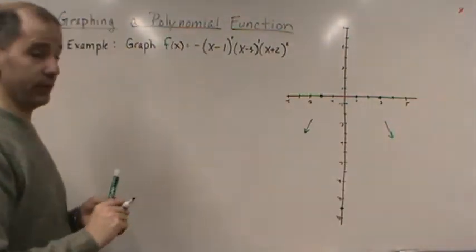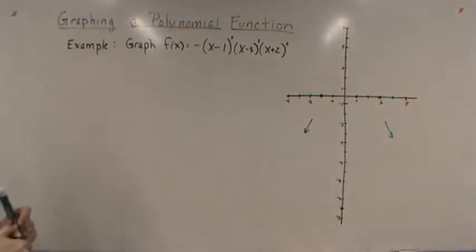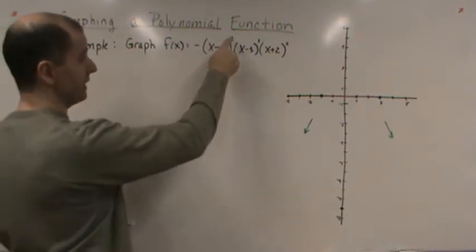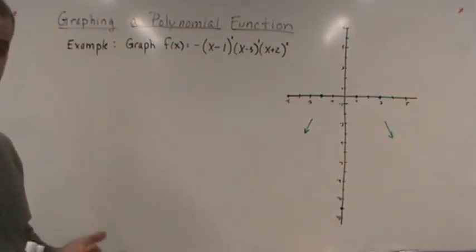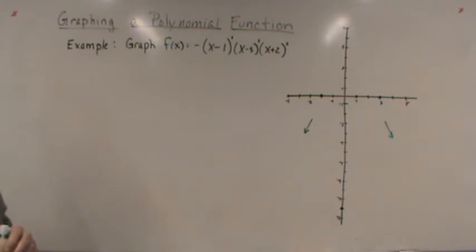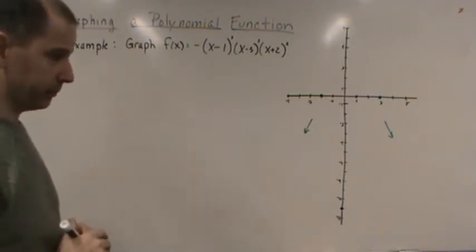Now again, you could do the table, right? You could create that table and do the test points, or you can use the multiplicities and understand that, hey, is it going to cross, is it going to bounce, or is it going to wiggle at the x-intercepts? Okay, so again, it's up to you. Either way is fine.